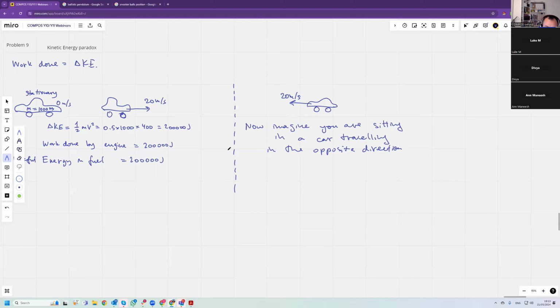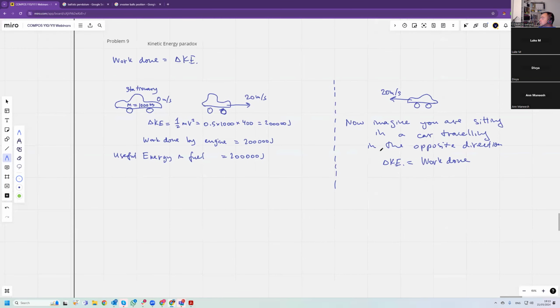We also know that the change in kinetic energy is equal to the work done. And where does the work come from? Well, work comes from the fuel.